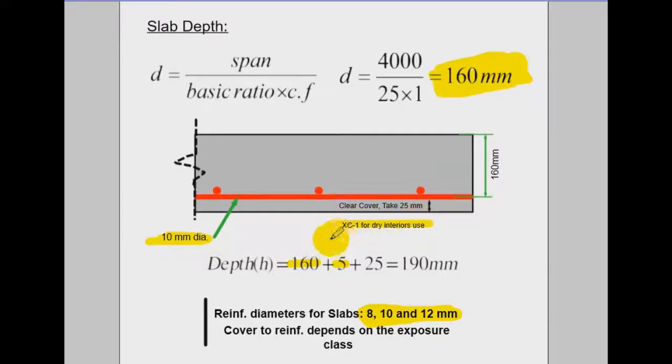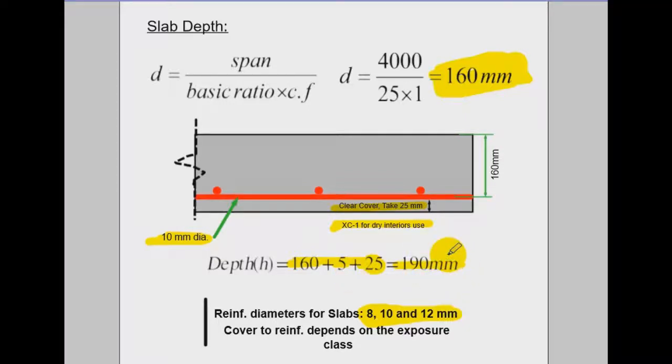So I'm gonna take the XC1, which is the minimum, and this is the clear cover. It is 25, so it is from here up to here. So I'm gonna take this as 25, that's the minimum. That's the nominal cover for the reinforcement. And then I just put these numbers there. So 160 plus 5 plus 25 gives you 190. This is the overall depth.